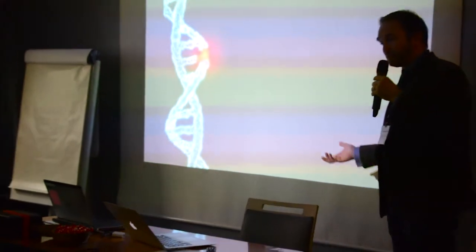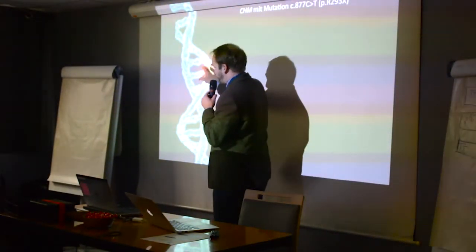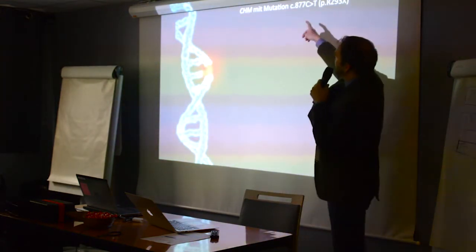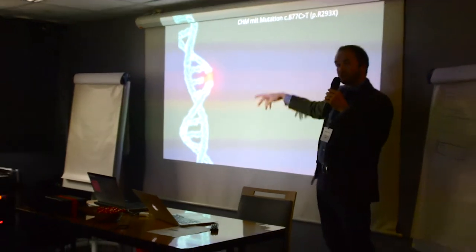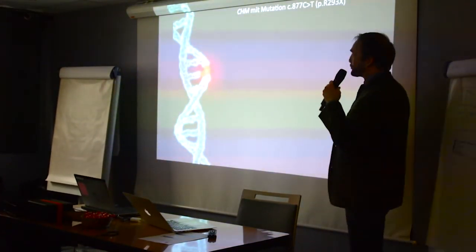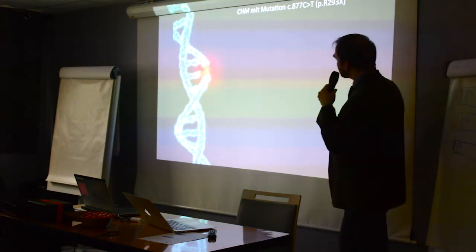So this is an example. You have a single nucleotide that is orange instead of blue, meaning that there is something wrong. And this is a patient with choroideremia. Oh, sorry, even I am probably mispronouncing it. So choroideremia is one of the genetically determined eye disorders. People go blind.